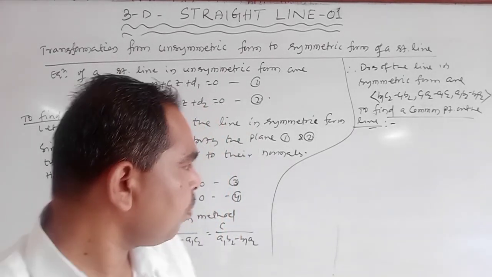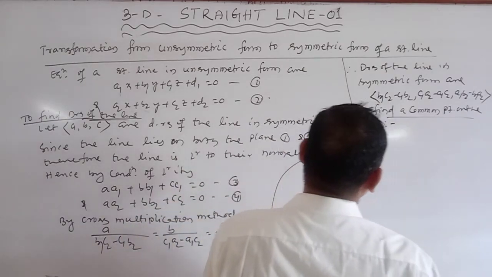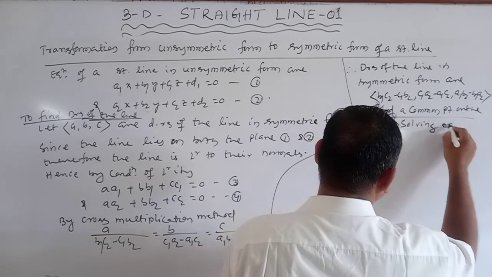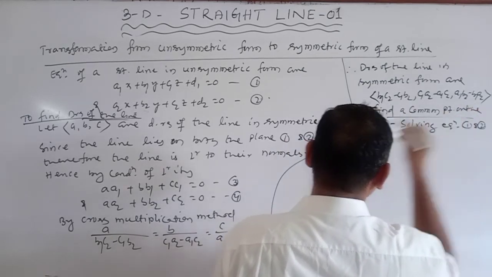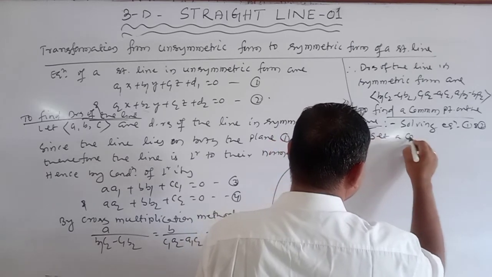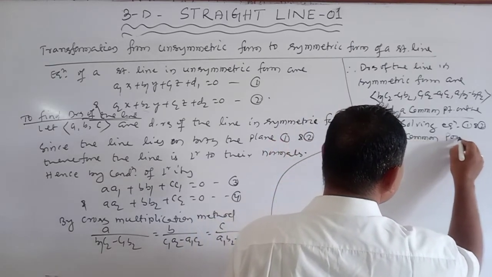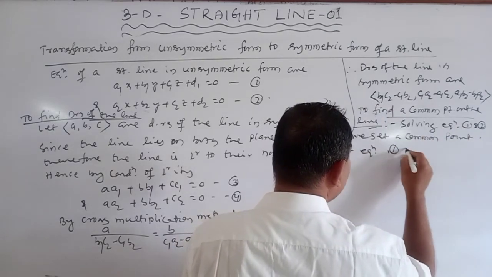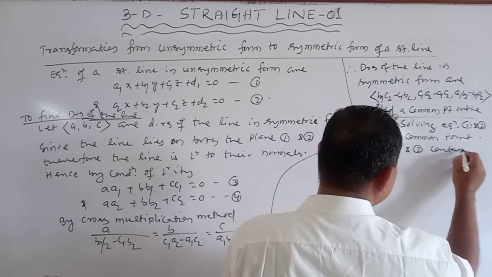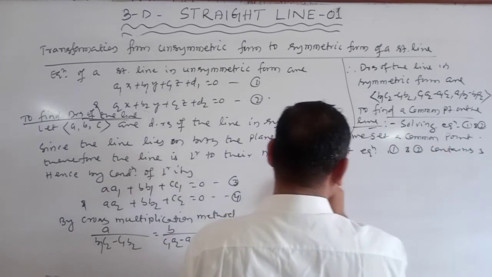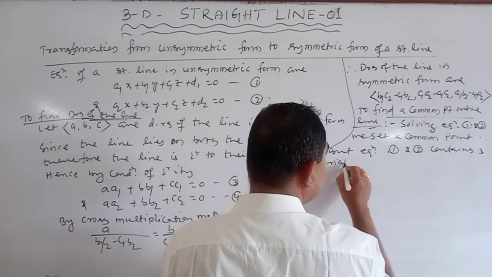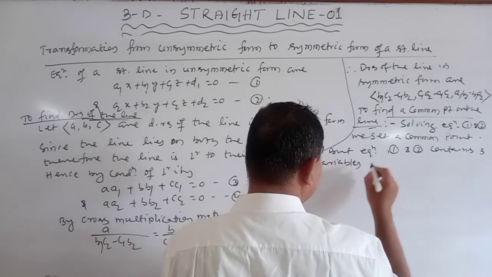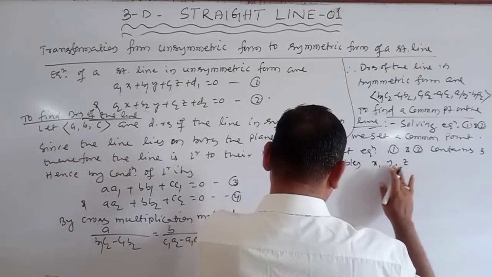Okay. Solving equations 1 and 2 we get a common point, but equations 1 and 2 contain three variables x, y and z.